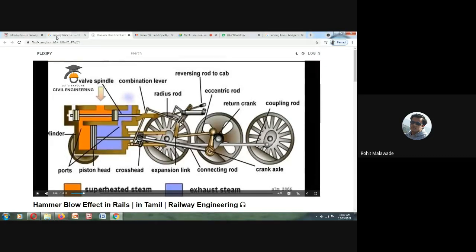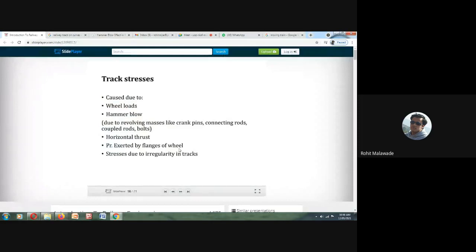Then we will have one more effect, the pressure exerted by the flanges on the sides of the rail. As I have already told, due to the momentum of the wheels, pressure is going to be created on the flanges because there is a direct contact between the wheel and the rail.